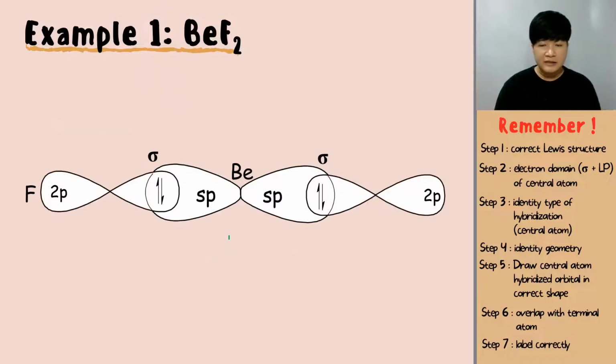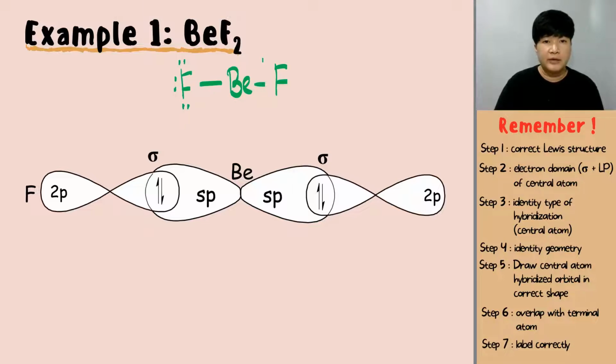Easy? If my drawing is not clear enough for you, you can refer to this. It's exactly the same as what I have drawn. So you have your beryllium fluoride in your Lewis structure with all the lone pairs. You can see that your beryllium right now is an sp hybridized orbital, overlapping end to end with the 2p orbital of fluorine, forming a sigma bond.